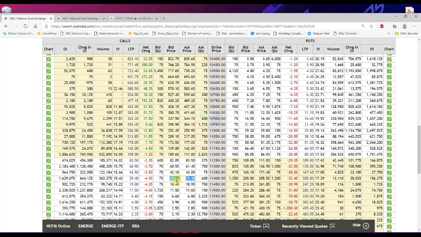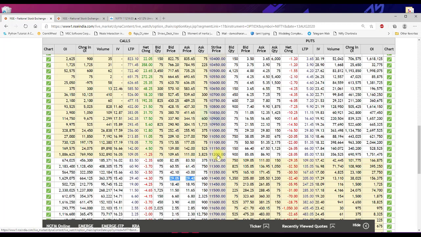You are expecting Nifty to be bullish, and you are not trading in futures, or in cash or the ETFs, because Nifty is not listed in cash, so you can buy it in an ETF if you want to have a bullish view. But we are not paying that much amount, because if you want to buy in cash or something like that, then you need to multiply the cash price. So 11,200 into lot size of 75, that much money you need to pay for trading this bullish view.